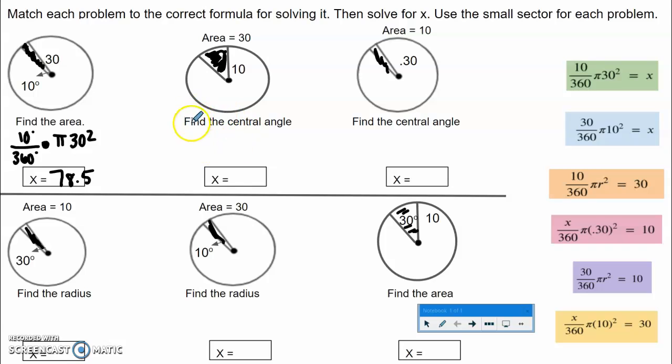All right, in this case, we're finding the missing angle. So the angle gets divided by 360, multiplied times pi times the radius squared, but this time they've told me that it equals 30. So I'm going to solve this for x, or n, whatever you put there. So pi times 10 squared, I'm going to simplify that.